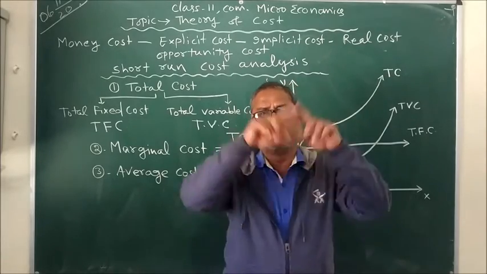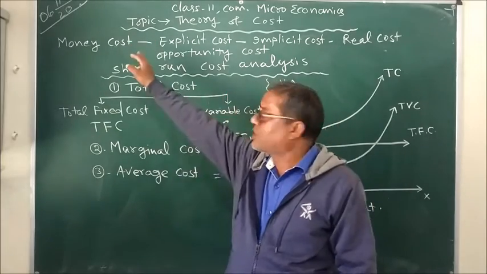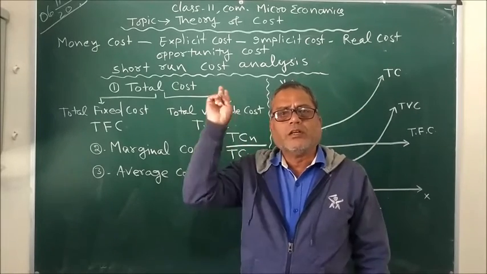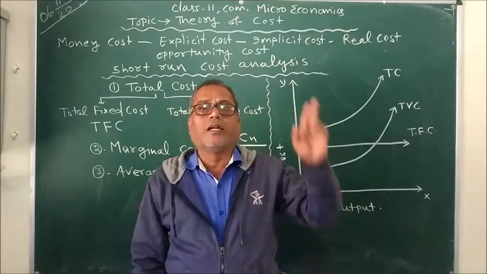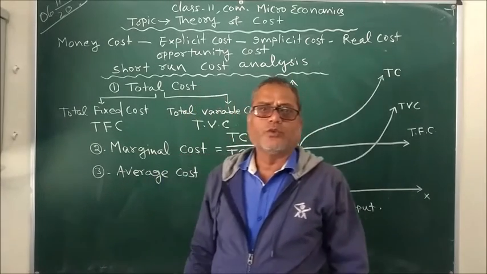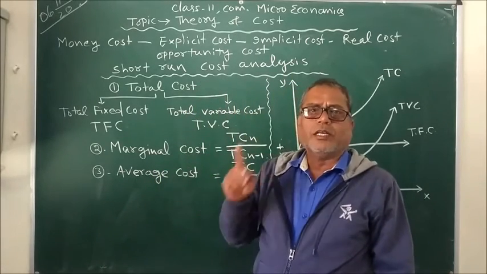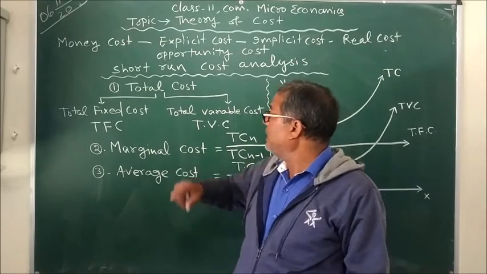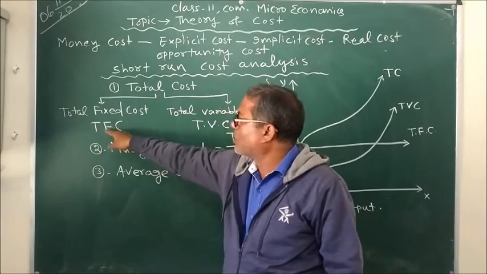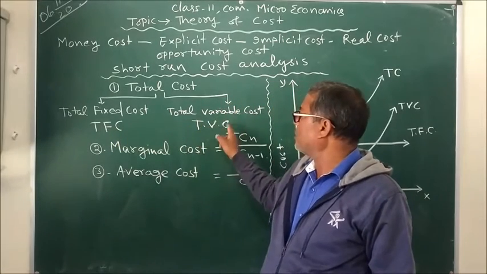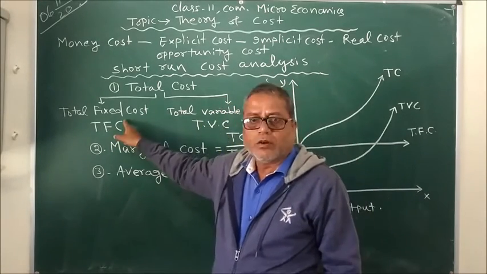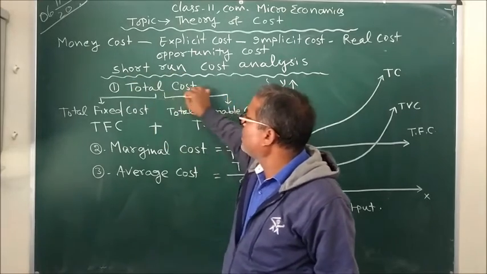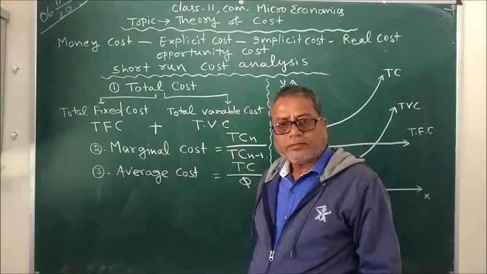Hence, to conclude, total cost is nothing but the sum of two different types of cost, that is total fixed cost and total variable cost. So TC, total cost, is the sum of TFC, total fixed cost, and TVC, total variable cost. When both the costs are added, we arrive at the total cost.